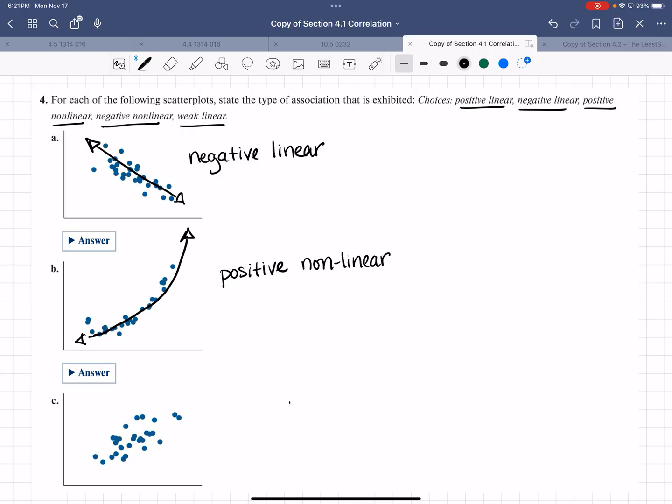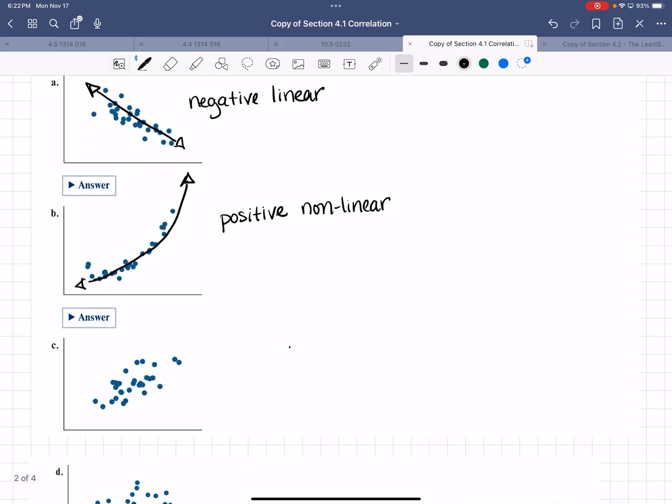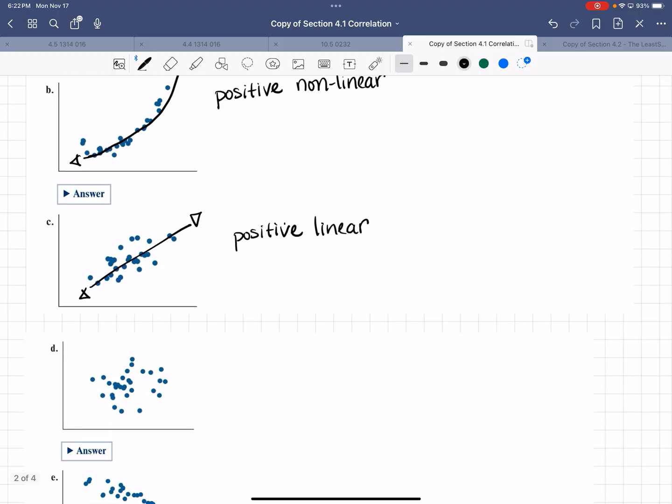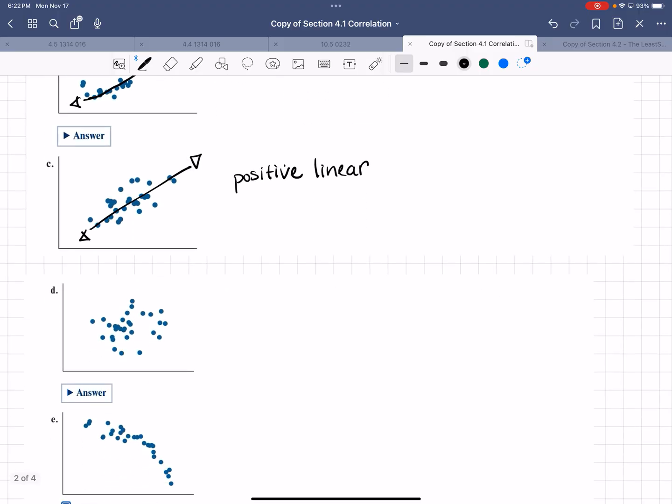I only point that out because I just got through teaching an exponential growth lesson. C, what are you thinking? Positive linear? Looks like some kind of whale to me. Positive linear? I like whales, but... Okay, we got a blob on D. What was the blob a while ago?